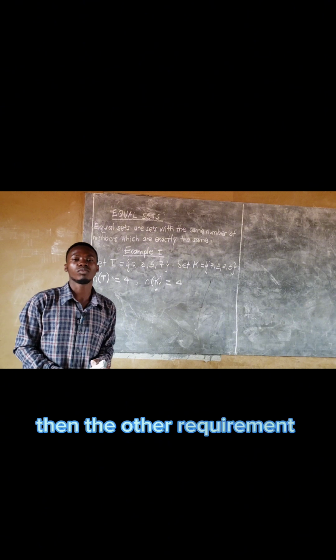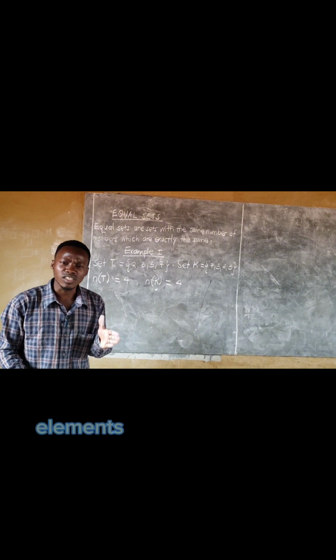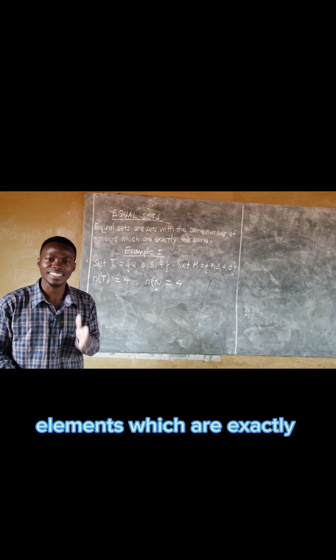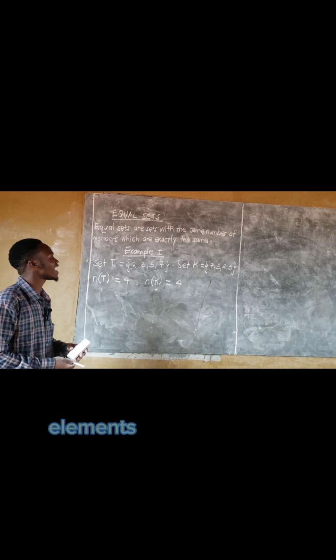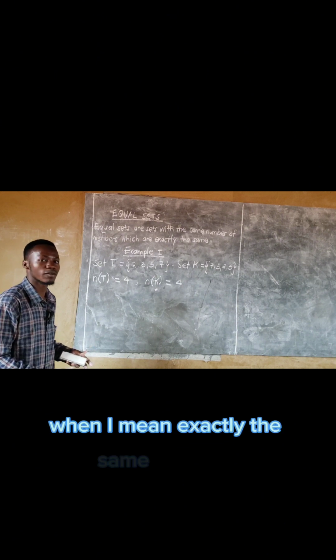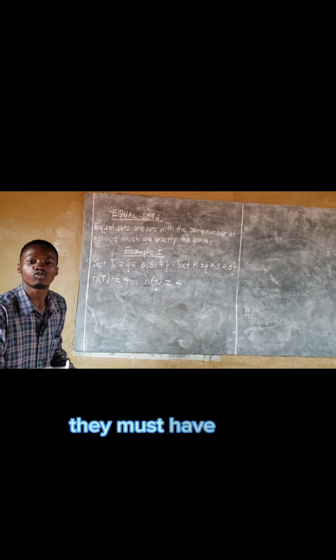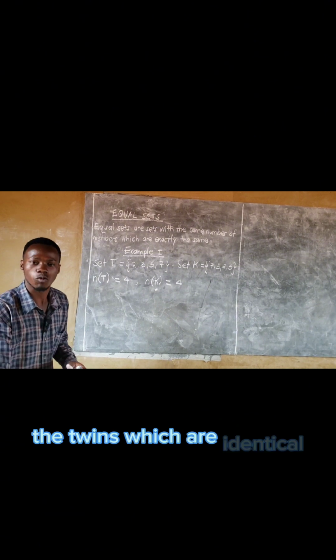Then the other requirement to be met is that these sets must have the elements which are exactly the same. Let us see whether these elements are exactly the same. When I mean exactly the same, in other words, they must have twin elements, the twins which are identical.